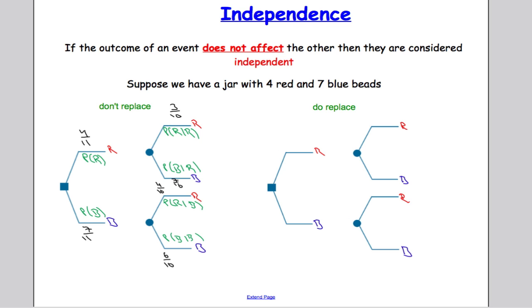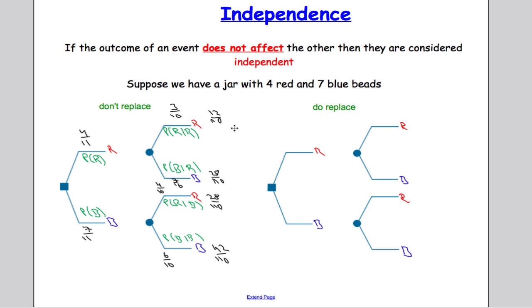And if we multiply across the branches, as always, we get 12 over 110, 28 over 110, 28 over 110, and 42 over 110.